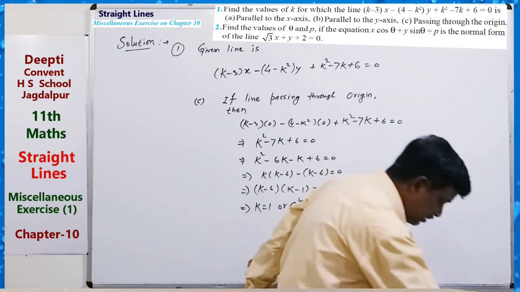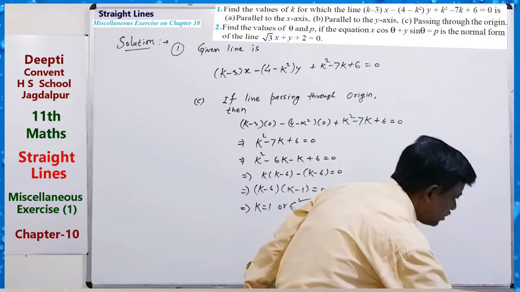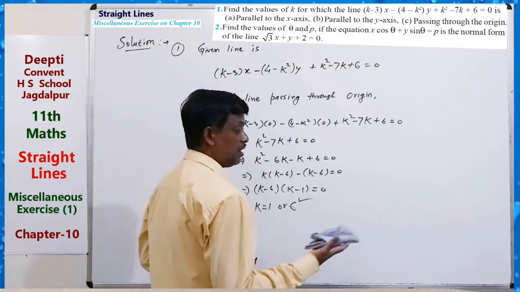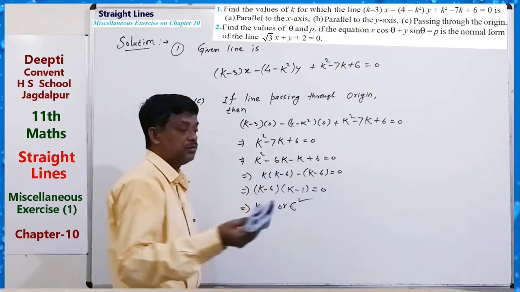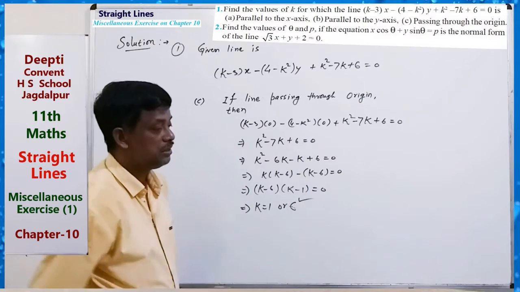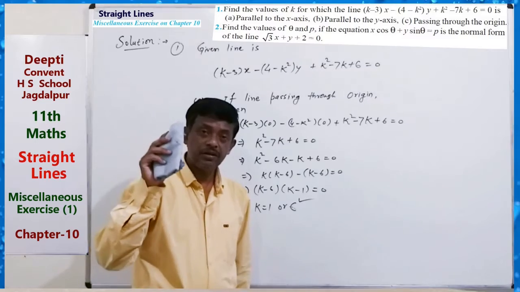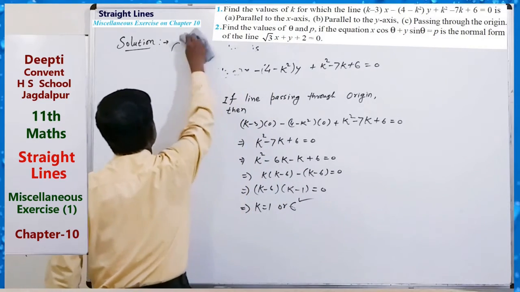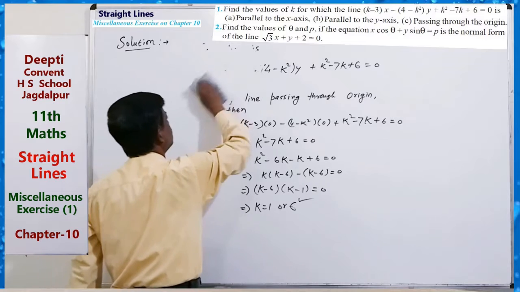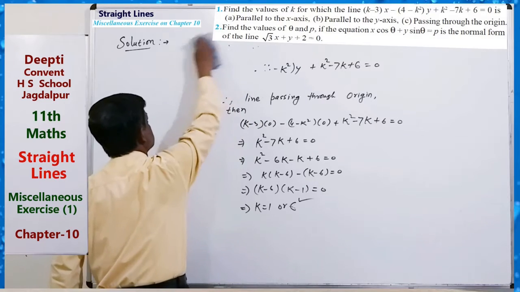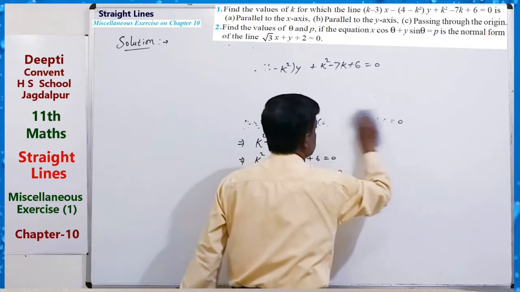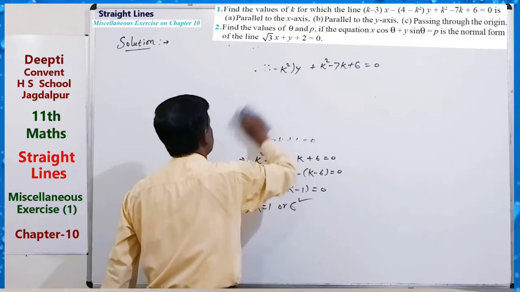Now second question. Second question is what? Find the value of theta and p, if the given equation is in normal form of the line. That is, the second question is related to normal form. We know normal form: x cos alpha plus y sin alpha equals to p. p is the perpendicular from origin to the line.